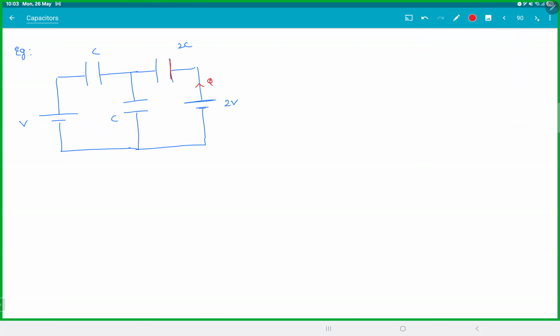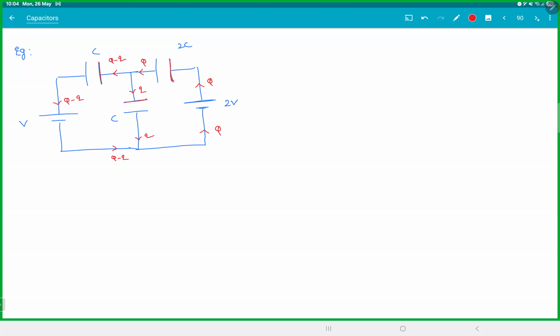So charge Q is going, so this is the positive plate. Q will go forward, distribute the charge, let this be small q. Then the balance charge, Q minus q, will go here, and Q will come back to the battery. This is the important thing: if you send Q from the battery, Q has to come back to the battery. Is the charge distribution clear?